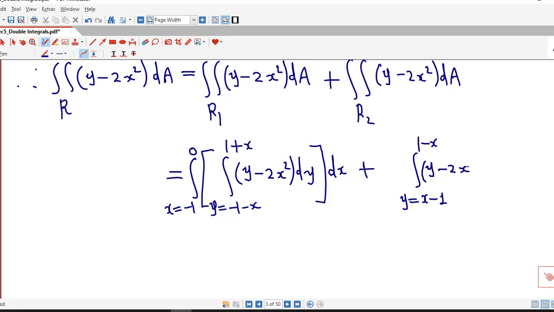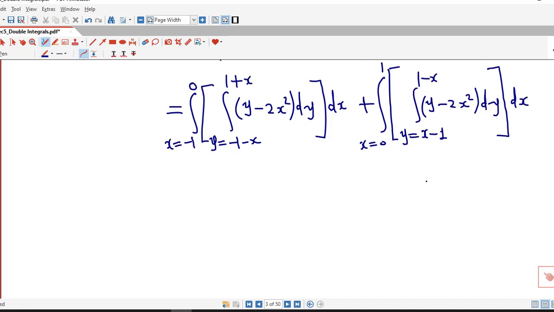So here also first integration is with respect to y, then we integrate from 0 to 1, and in this inside integral we will consider x as constant.